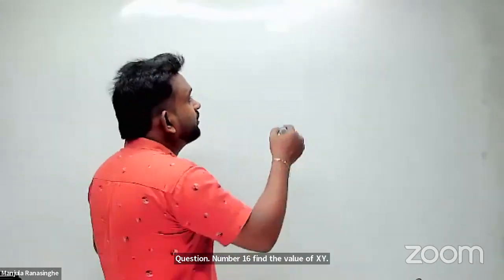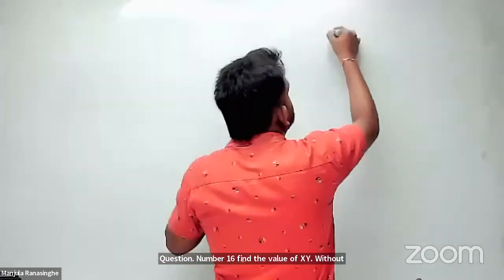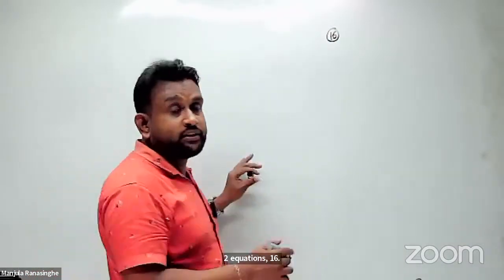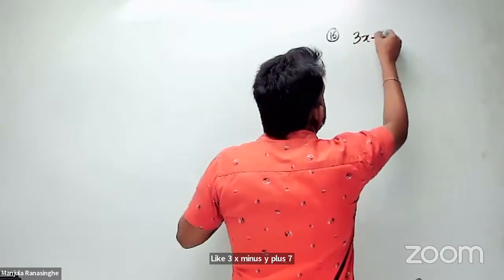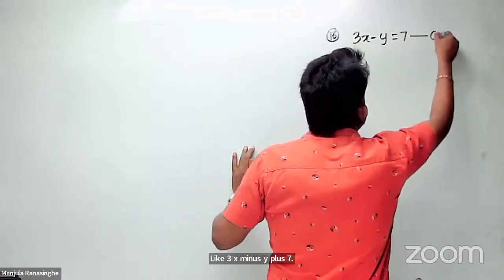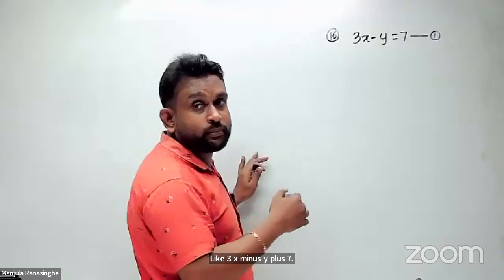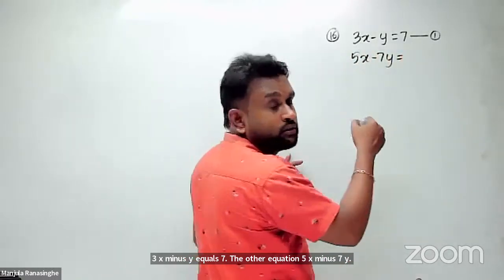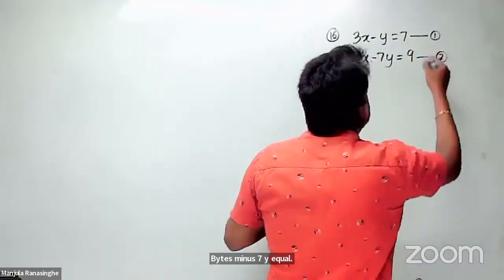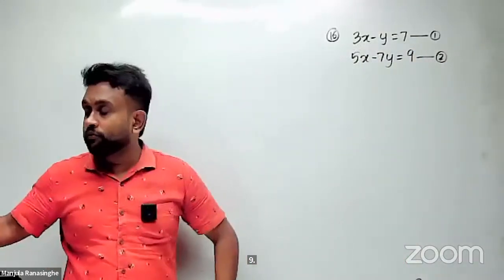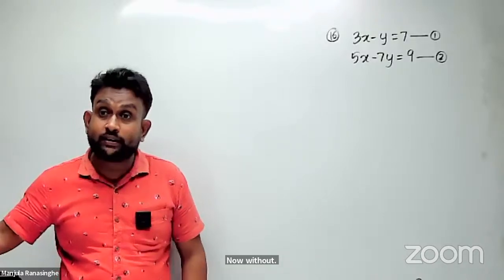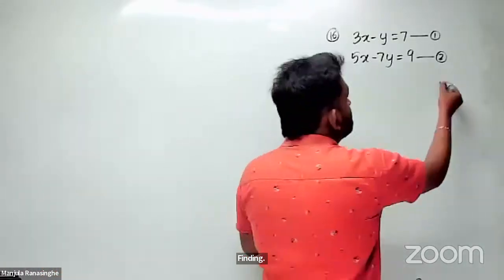You are given two equations: 3x minus y equals 7, the first equation. The other equation is 5x minus 7y equals 9, that is the second equation. Now, without finding x and y separately, they are asking to find x minus y.